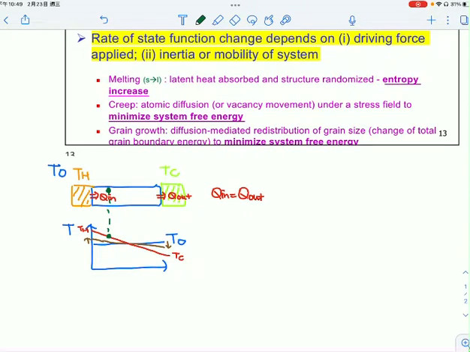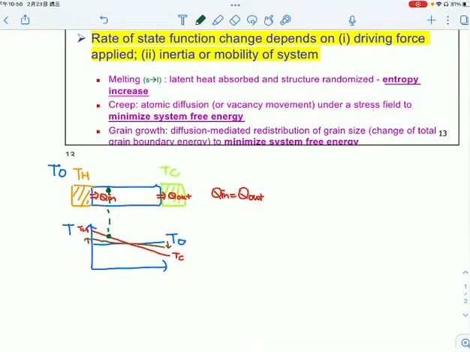But if you look through the whole metal bar, yes, the temperature along this metal bar is not the same. Actually, on the left-hand side is Th and on the right-hand side is Tc, right?